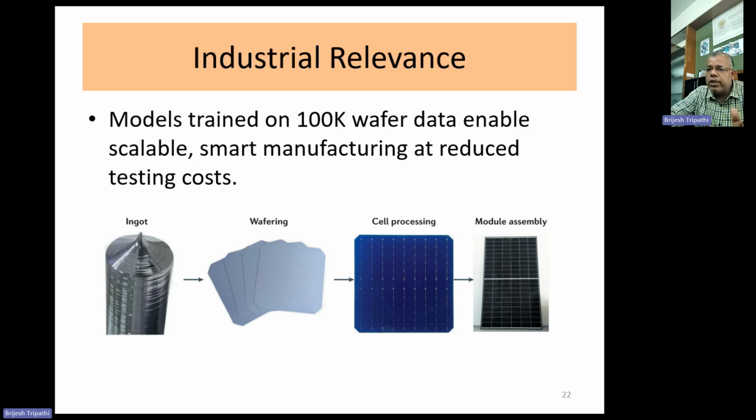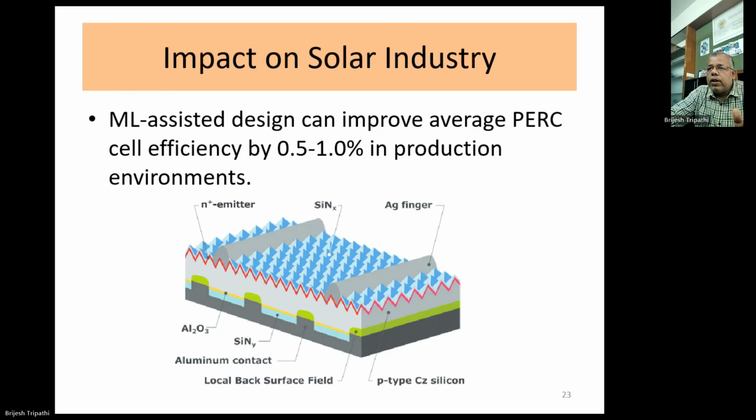manufacturing at reduced cost. Solar cell industry can be impacted by machine learning assisted design because we can expect by optimization the efficiency can be improved in the range of 0.5 to 1% if input material is optimized based on the predictions of machine learning.